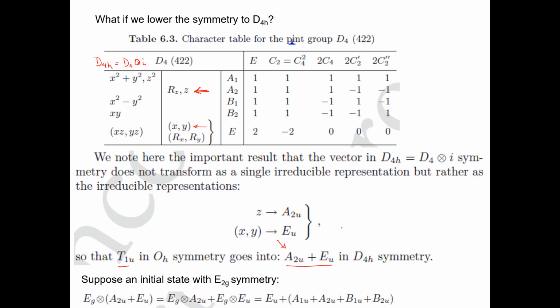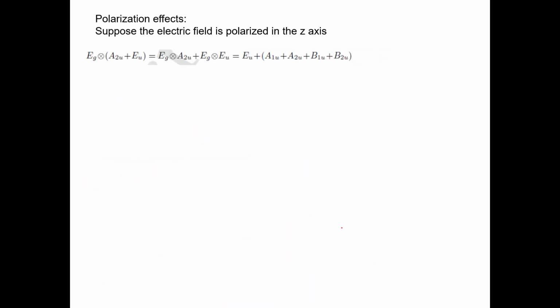Going back to the same formula, I need to ignore this part, and basically if my initial state has Eg symmetry, my final state must have Eu symmetry only.